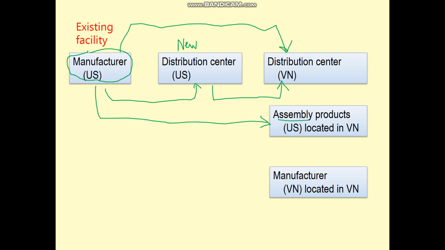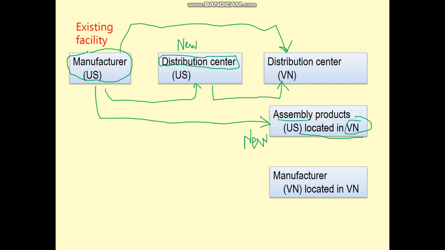After assembling the products, they will sell them to the new market, that is Vietnam. So this is so new. It's also when they have to locate the new facility. But here, in local distribution, they locate the new facility in the local market, and in local assembly and finishing, they have to locate the new facility in the new market, that is Vietnam.